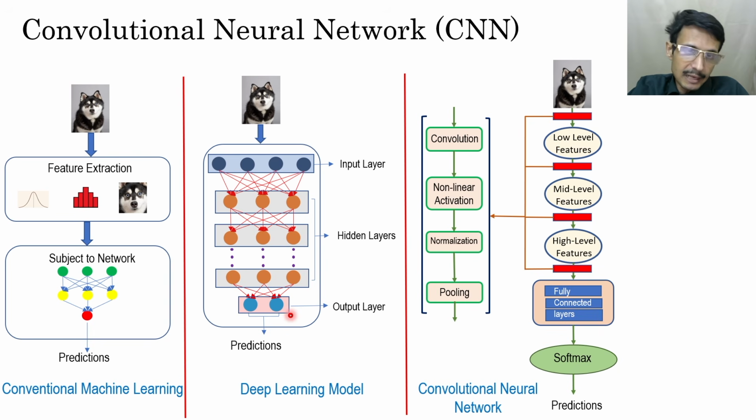But in deep learning, these two parts are somewhat clubbed. So this is a single network. This single network not only extracts the features but also does the prediction. What does this network do?